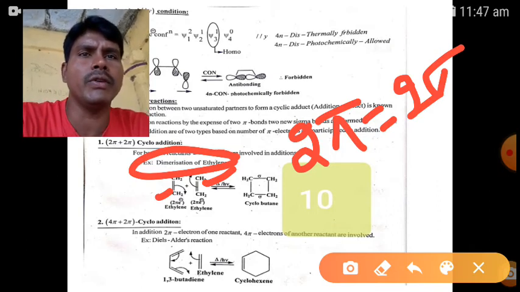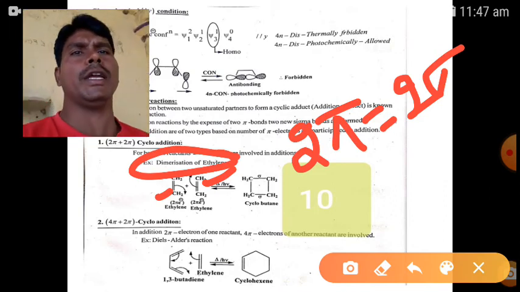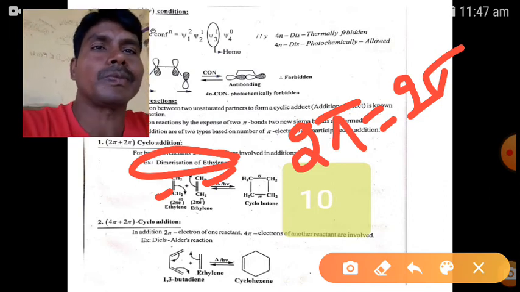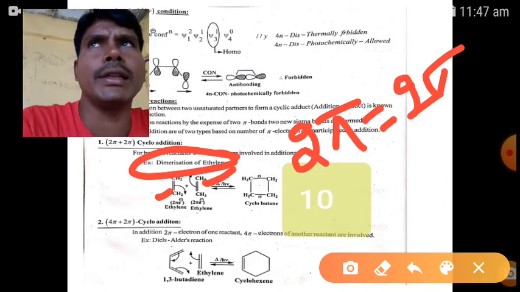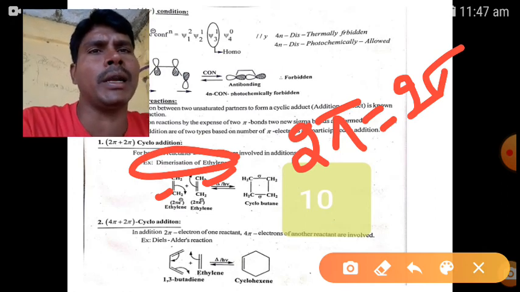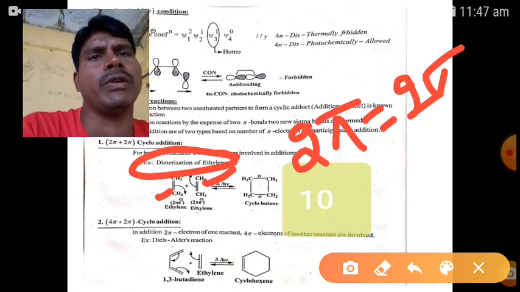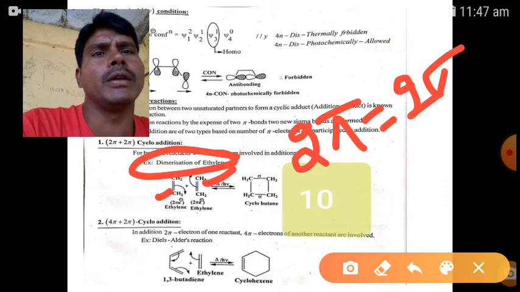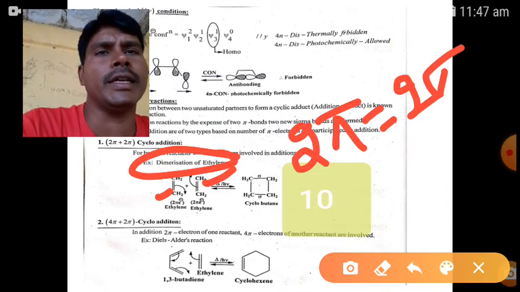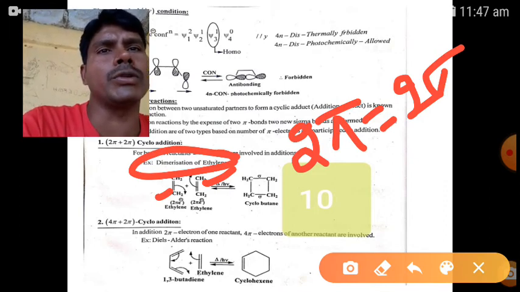So here, if you want to use the FMO approach, one HOMO orbital and the other one the LUMO orbital you take. If you predict the thermal condition, both the HOMO and LUMO are selected from the ground state only. If you predict the photolytic condition, the HOMO orbital is from the ground state and the LUMO orbital from the excited state.